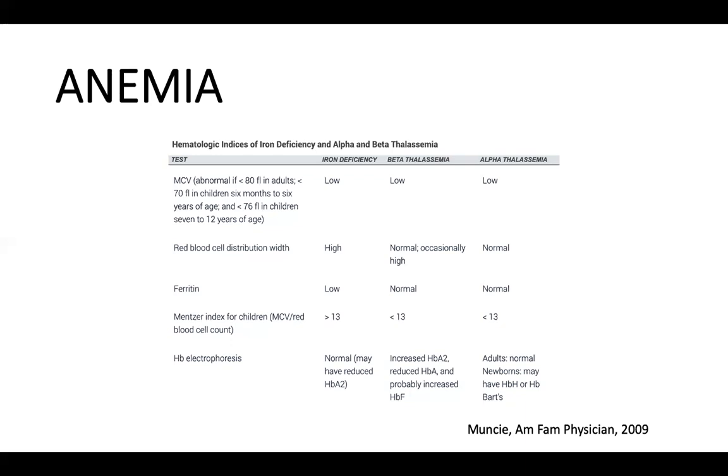Now, I argued on the hemoglobinopathies that this is truly an ethnic and racial disease, and we have to keep race in there because in this country, 10% of African Americans actually have a hemoglobinopathy.